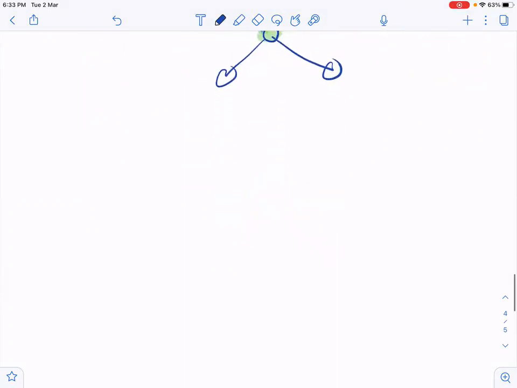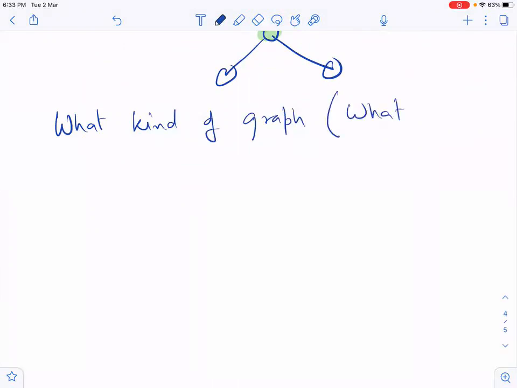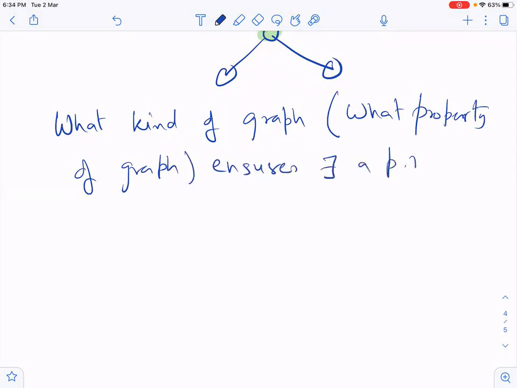So the question that we want to know is what kind of graphs, or rather what property of graphs, ensures there exists a perfect matching.